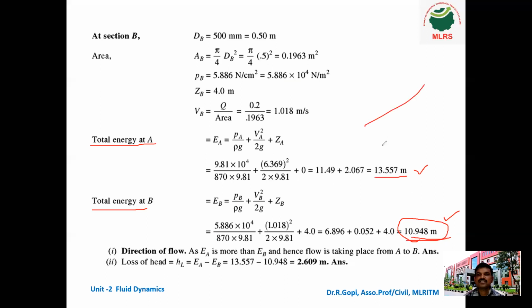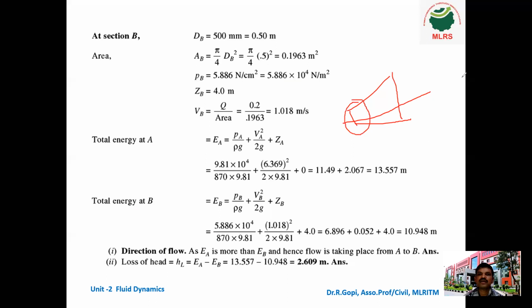Consider this is the pipeline. This is the tapered one. This is the center point. So this is at lower level, this is at higher level. So now this is 13.557 and this is 10.948.